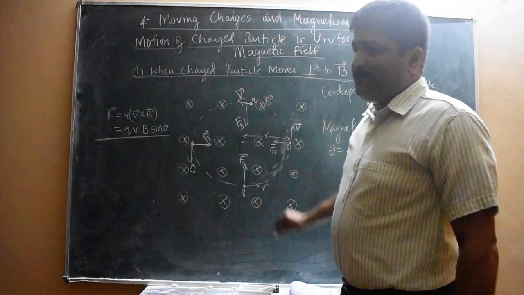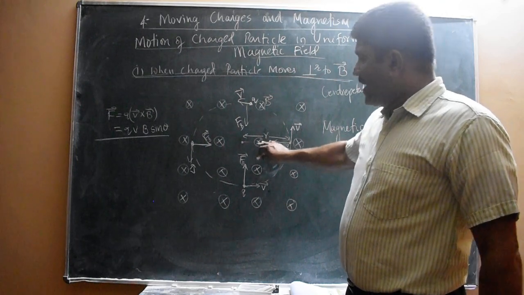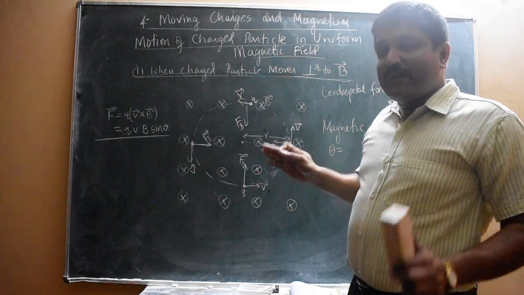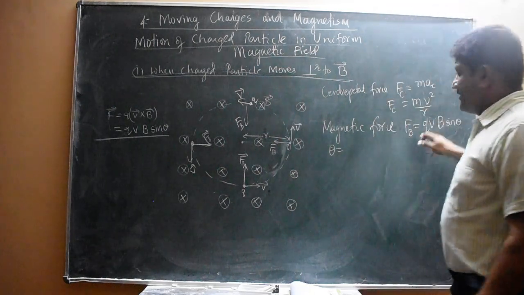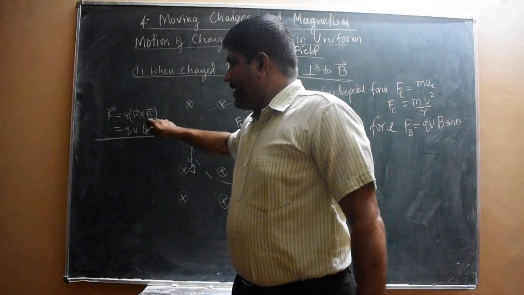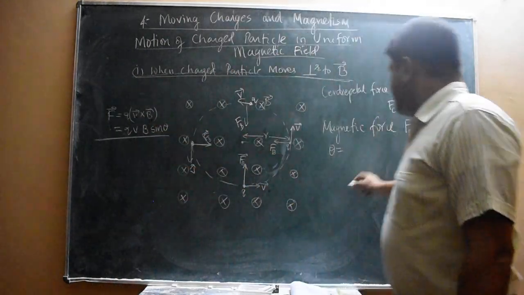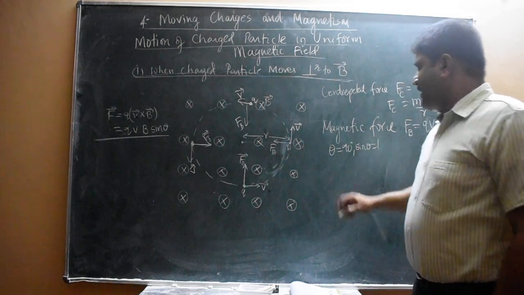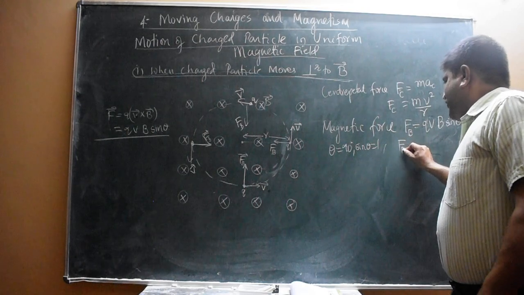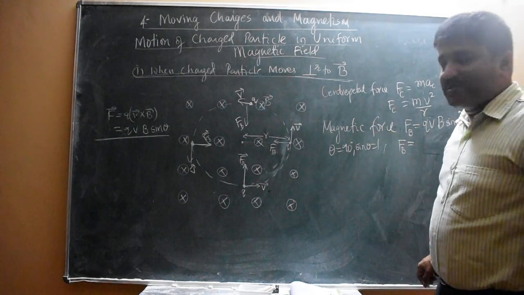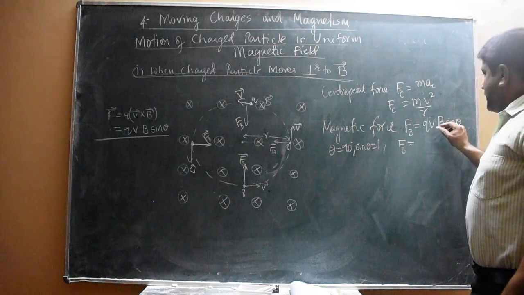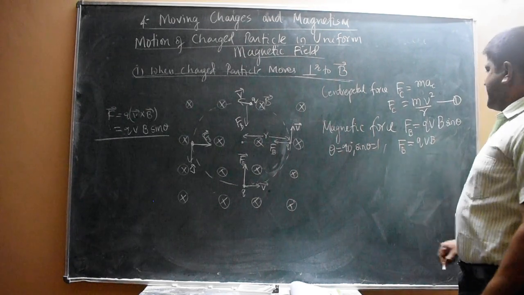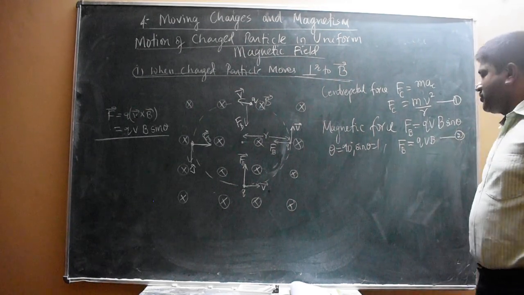They are always perpendicular. Hence theta is 90 degree, so sin theta equal to 1. Hence the magnitude of magnetic force on the charge is F_b equal to QVB. That's it. This one I will take as equation 1, this one I will take as equation 2.